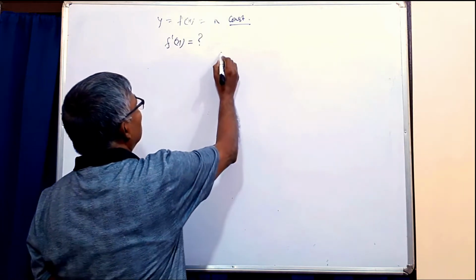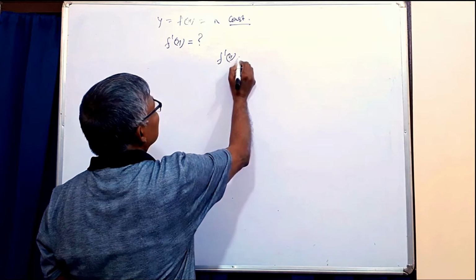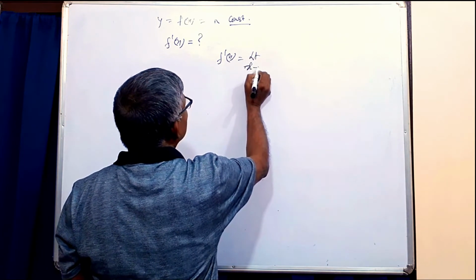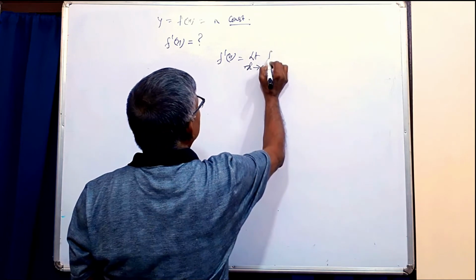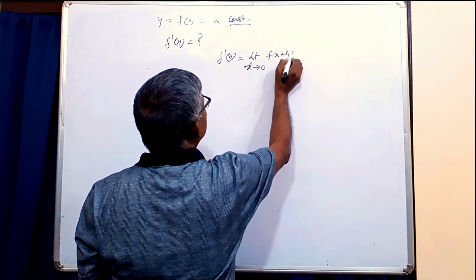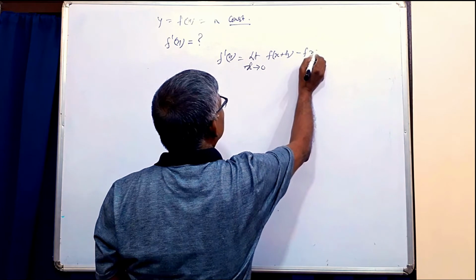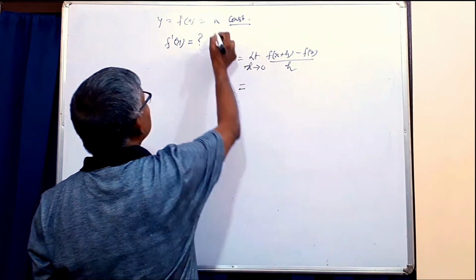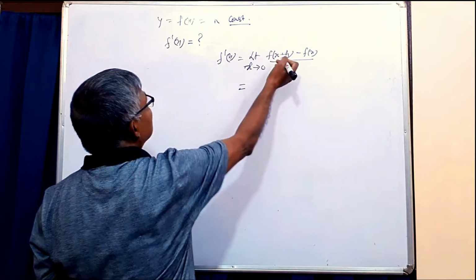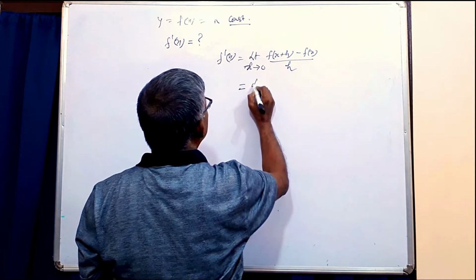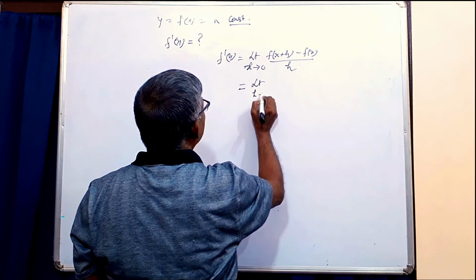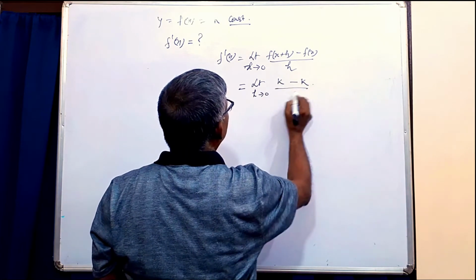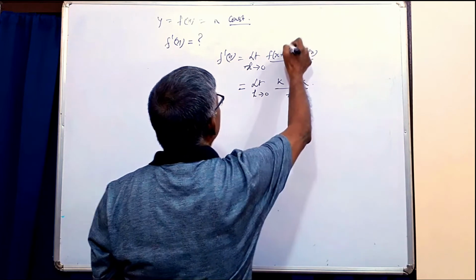We know f dash x equals limit h tends to 0 of f(x plus h) minus f(x) by h. Since it is a constant function, f(x plus h) means k, so limit h tends to 0 of k minus k by h. Why is it k?